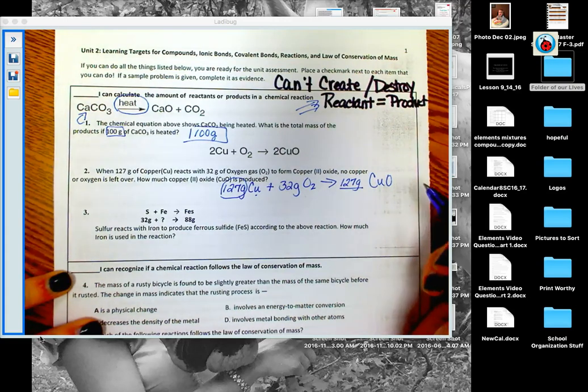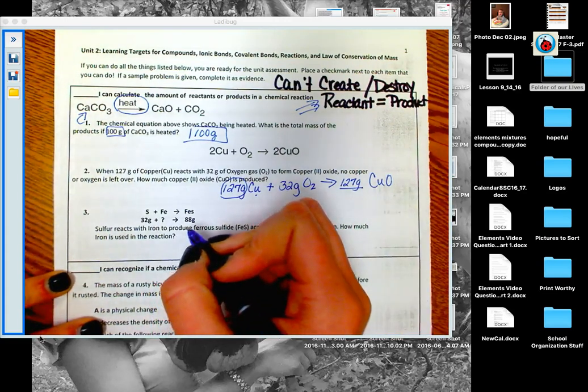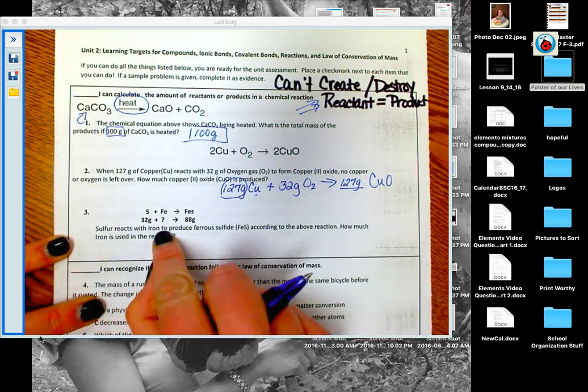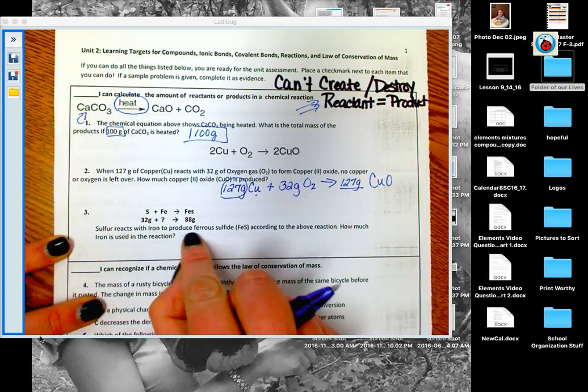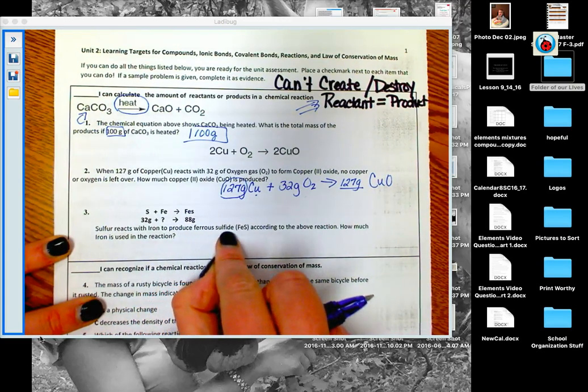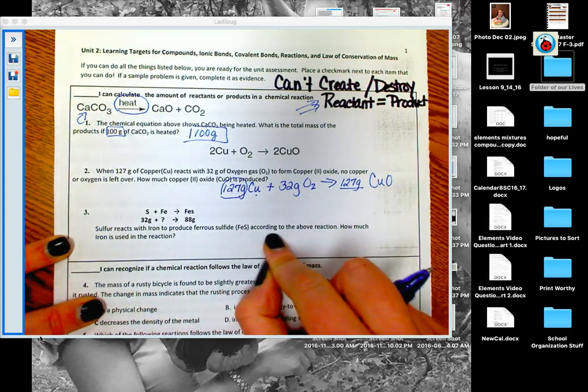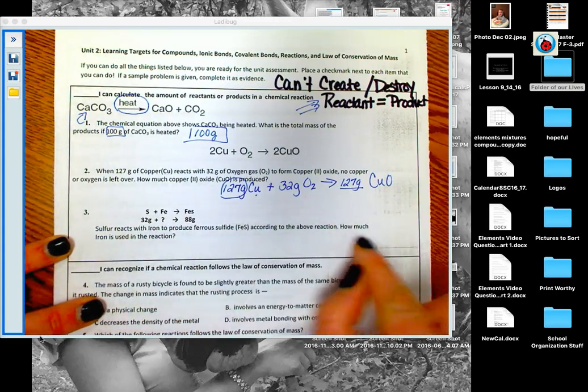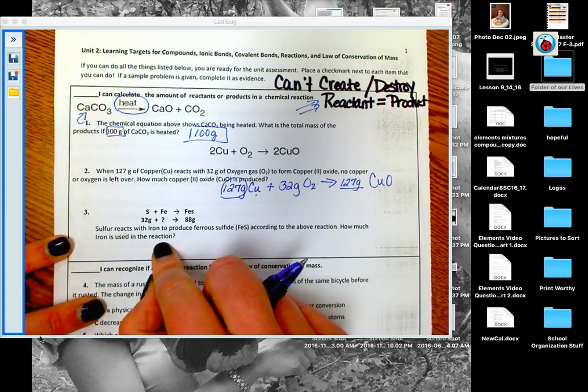That's what we get. The last one down here, number 3, says sulfur, which is S, reacts with iron, Fe, to produce ferrous sulfide, according to the above reaction. So they're letting you know that this is the reaction right here. How much iron is used in this reaction?